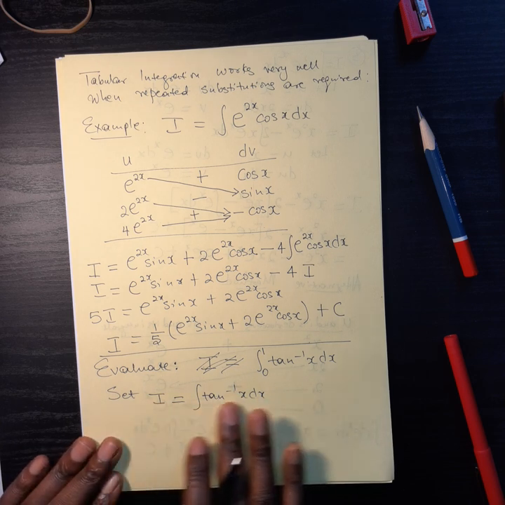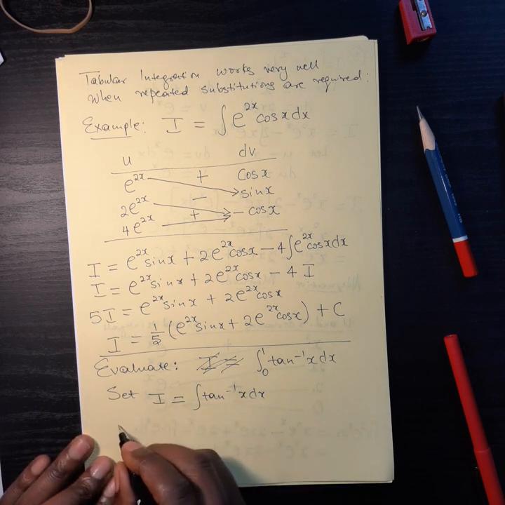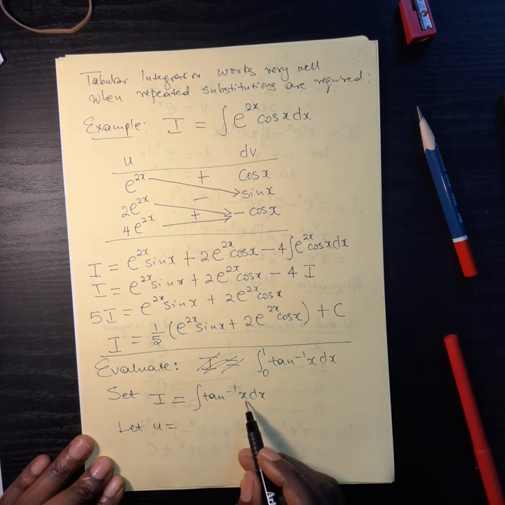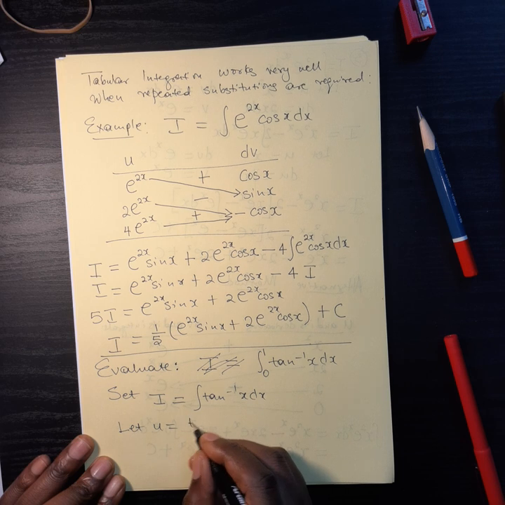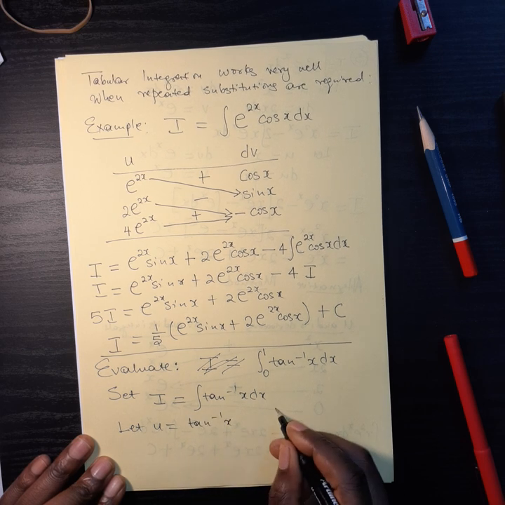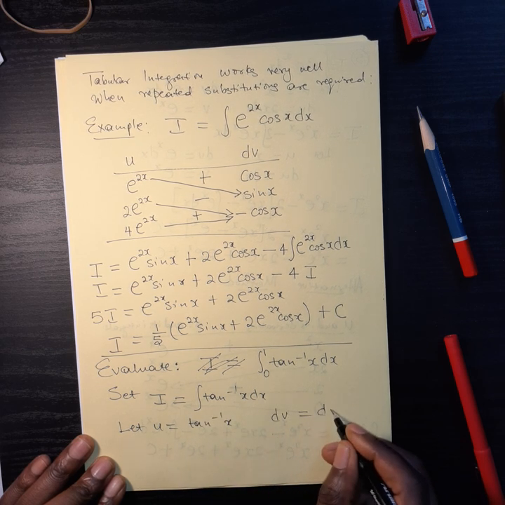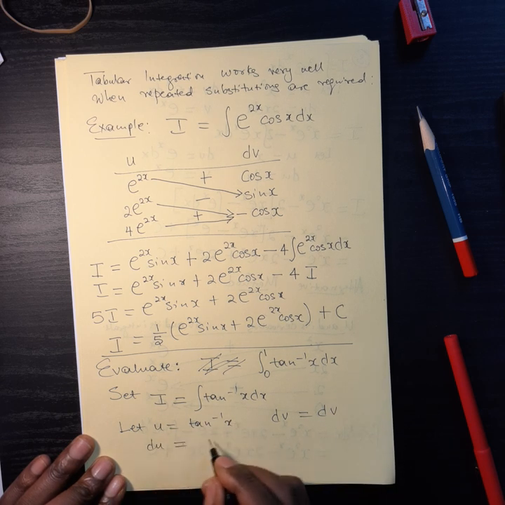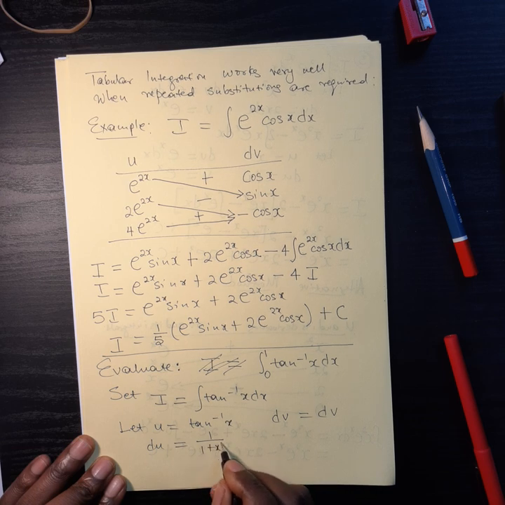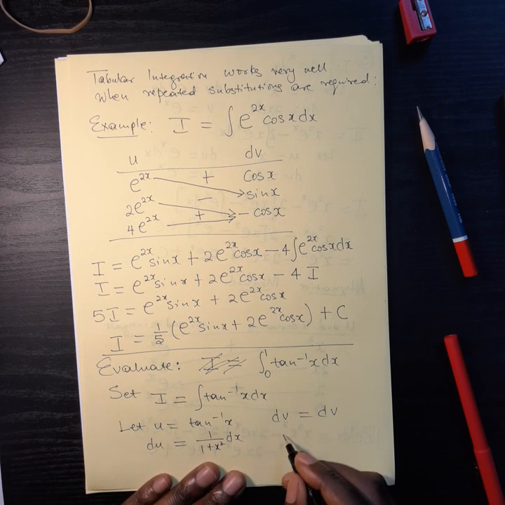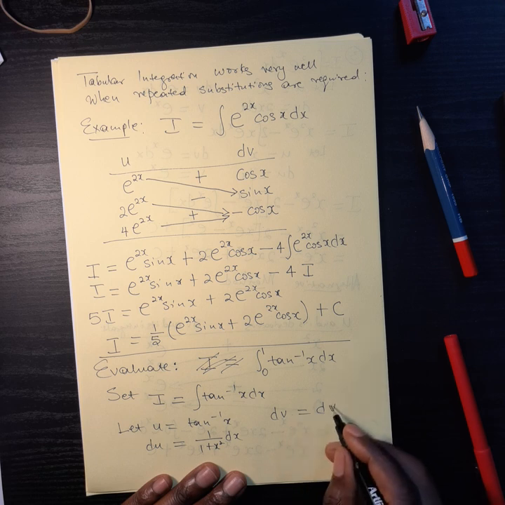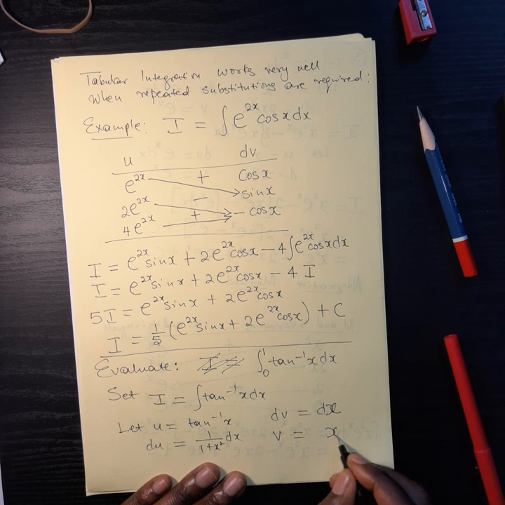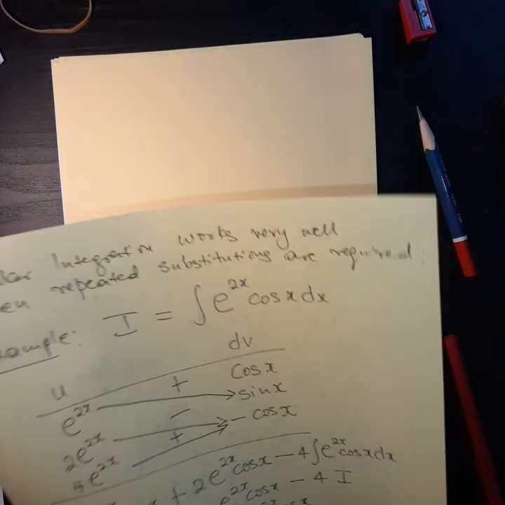So we leave the limits, we call this I, and then we will let our u, according to our priorities, this is the inverse function, so our u will be arctan of x, then what is remaining is dv, like that. Differentiate, you get du equal to 1 over 1 plus x squared dx. Integrate, dv equal to dx here. So v equal to x, like that.